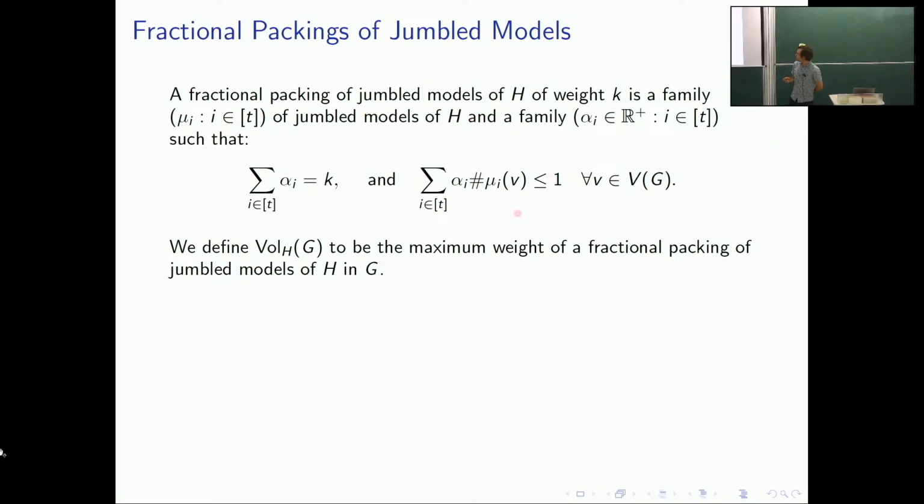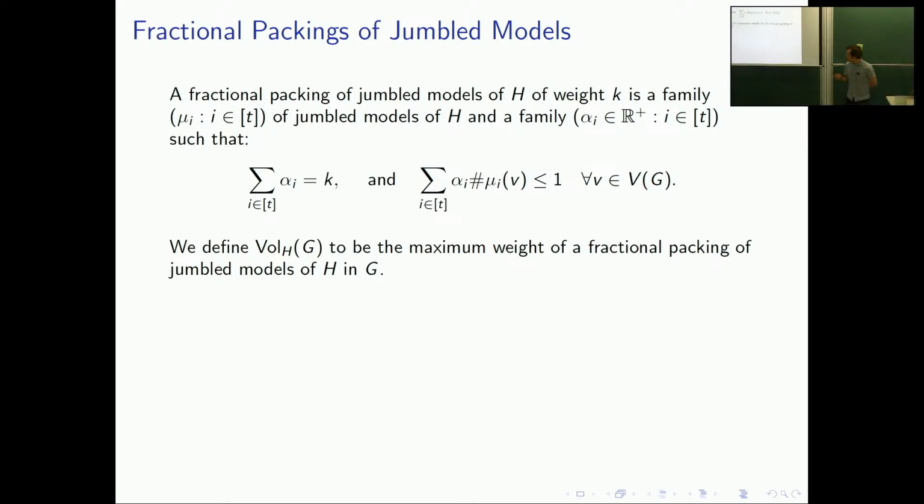So now the weight of the packing is just the sum of the weights of the jumbled models, and then the restriction is that the total weight of this overlap at each vertex should be bounded by 1.